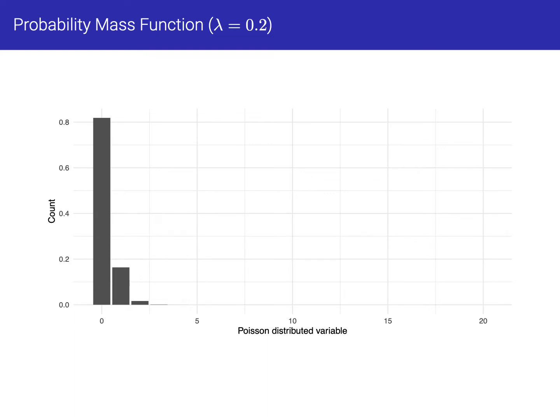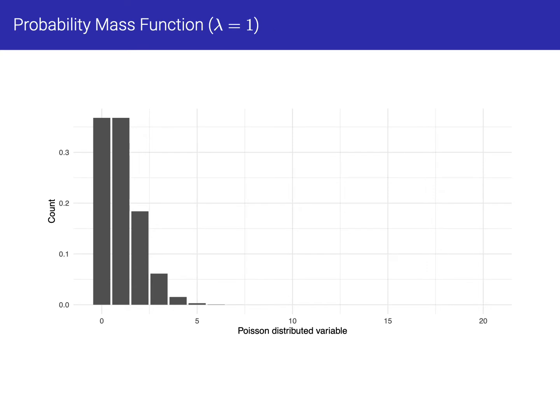So what if we increased this lambda parameter a little bit? Now we have a lambda parameter of 1, and this is what the Poisson distribution looks like. Again, lambda is the rate, but it's also the expected count. And so we see that if we expect a count of 1, we're going to have, most probably, counts of 0 with a probability of about 0.36 or something like that.